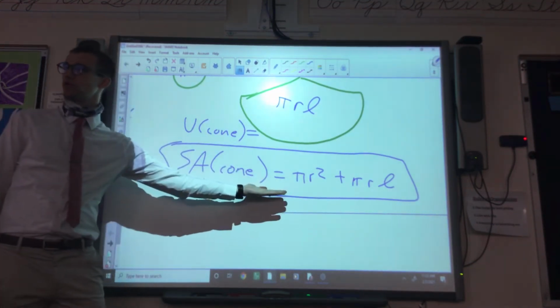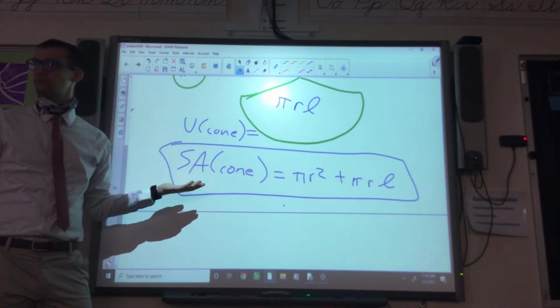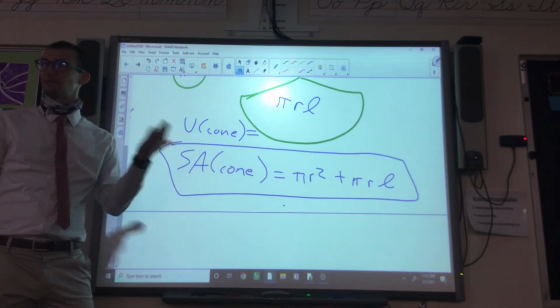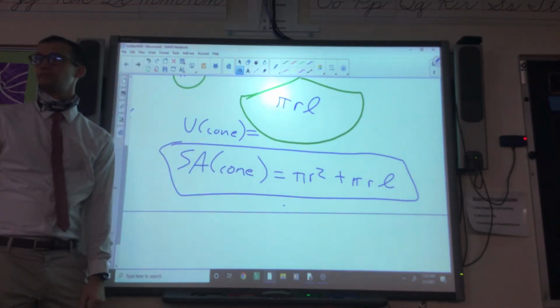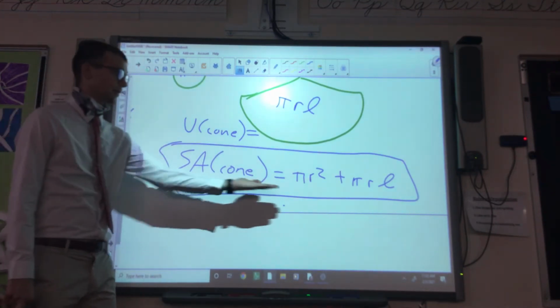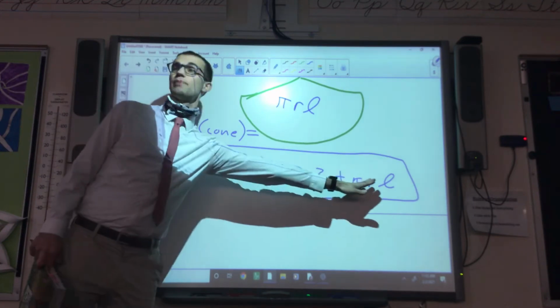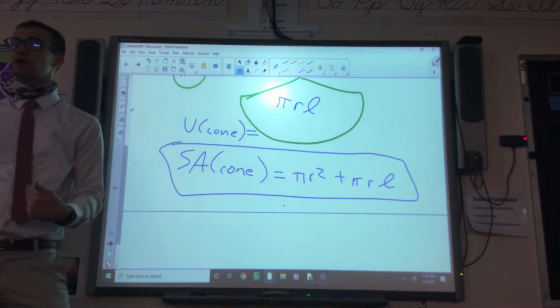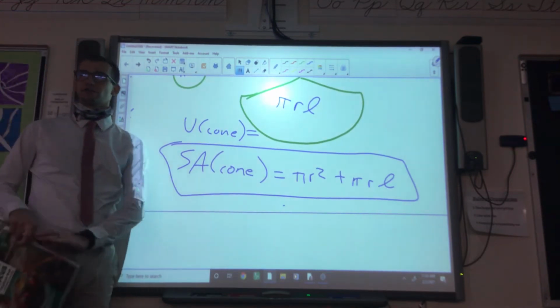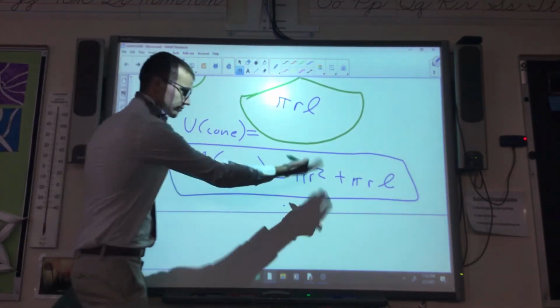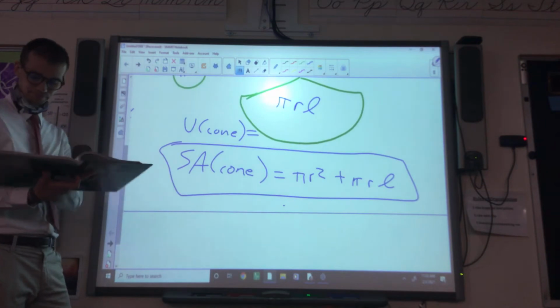You're gonna do this whole thing minus what? If you're not painting the bottom of the cone, what part of this would you get rid of? The circle part. Yeah, the circle part, which is pi r squared. So you would only do pi r l for that specific cone. And if at any point you really want to figure out exactly what the surface area is, that's how you can figure it out.